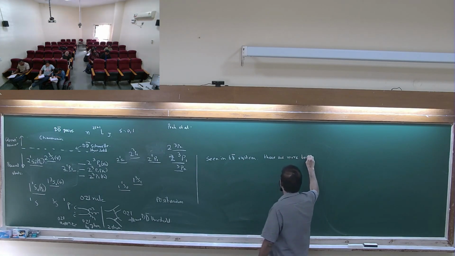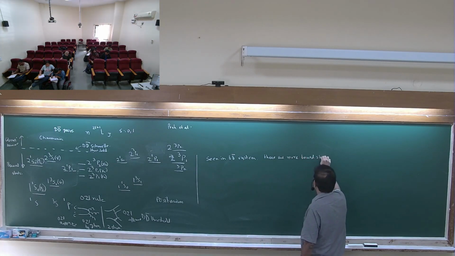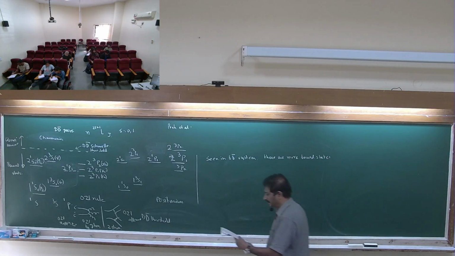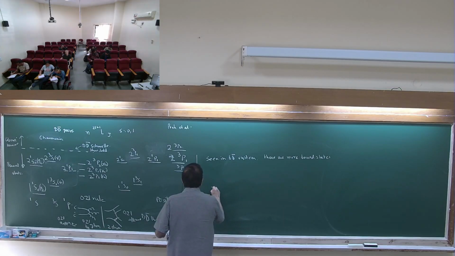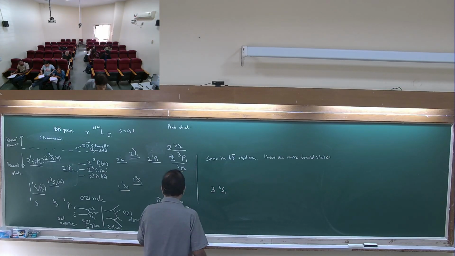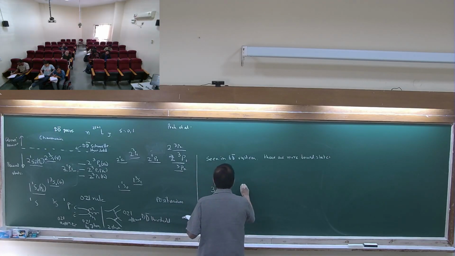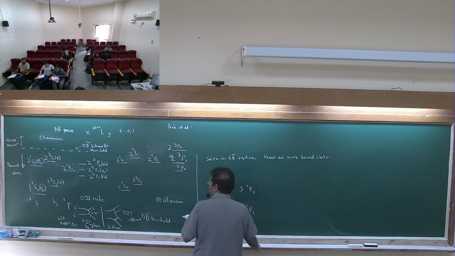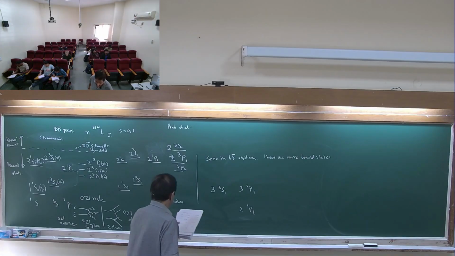And I'm going to ask you to guess for me what the quantum numbers of these bound states should be. There will definitely be a 3S1 there. Then there will be a 1P1. There's also a 1P1 state that is available over here.